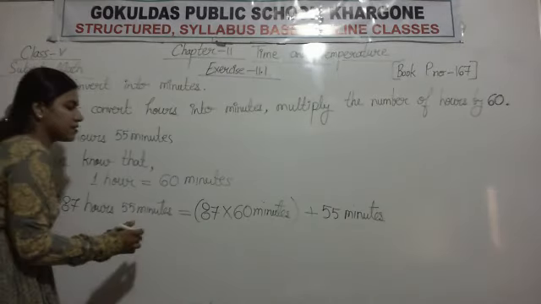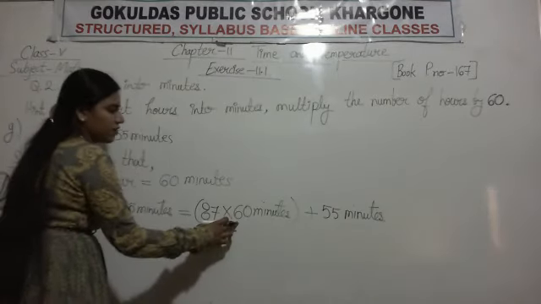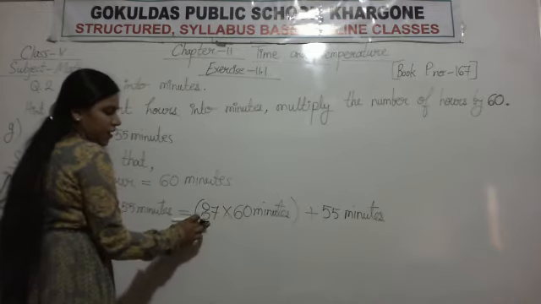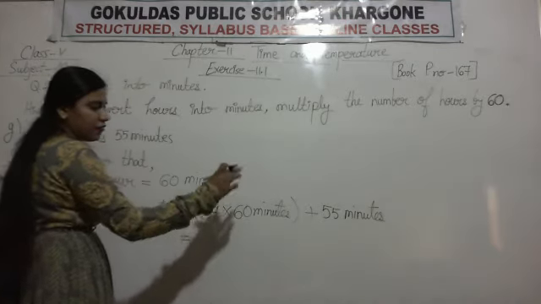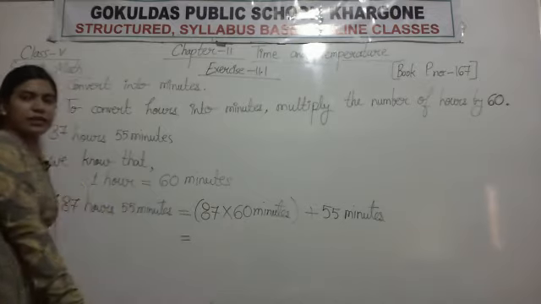Now in the next step we will solve this bracket. Arrange 87 and 60 in rough work, column wise, and multiply them.